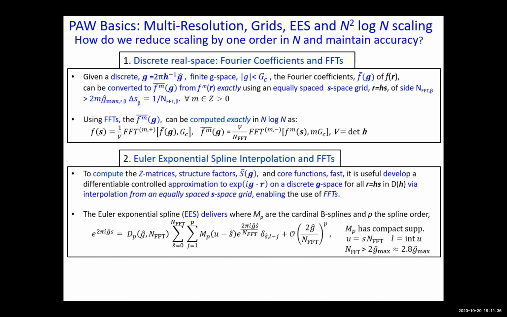Everyone uses it. The newer wrinkle is not really new, but it's by Euler. And what Euler said is if I have a plane wave evaluated at a point S, which is not a grid point, I can express it as an interpolation from the equally spaced grid with a controllable error.